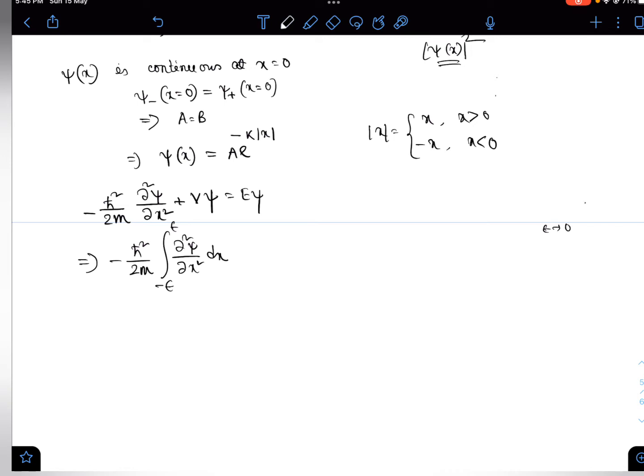So that means within the region x equal to 0, where we have this delta potential, we are integrating from minus epsilon to epsilon in a very small region.